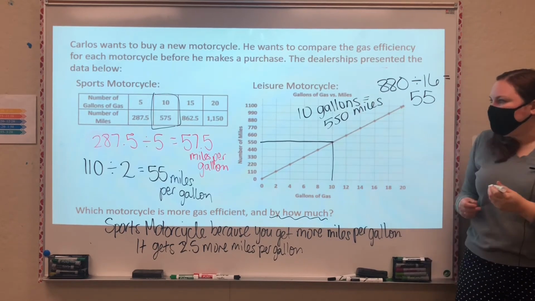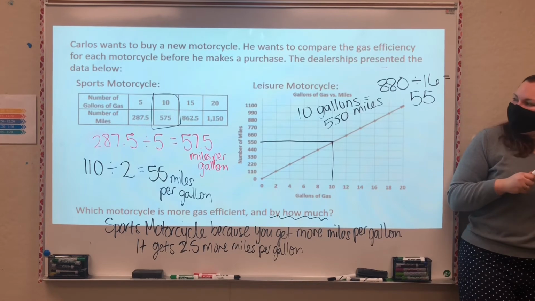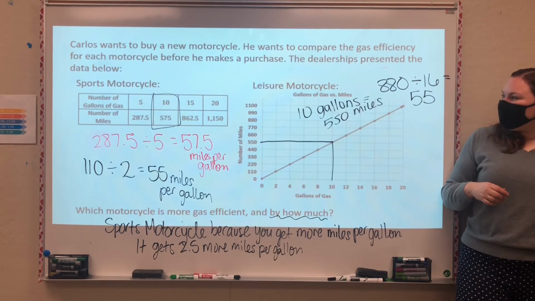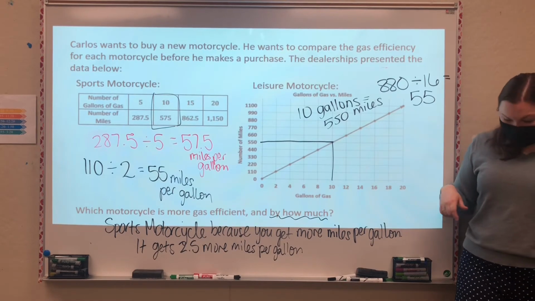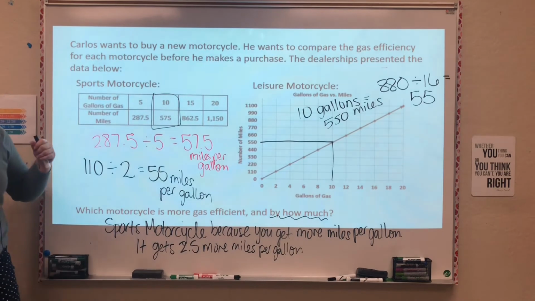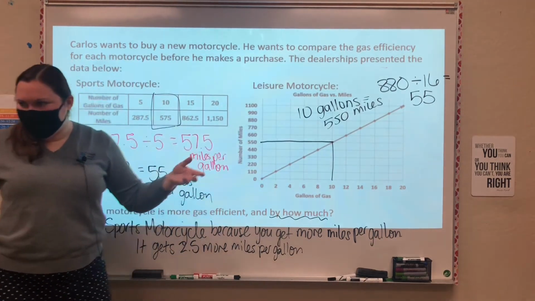How could we use that information to help us figure out what's the better deal? 575 subtract 550. I heard you say subtract. So if you put in 10 gallons, this one would go how much further? 25 miles.